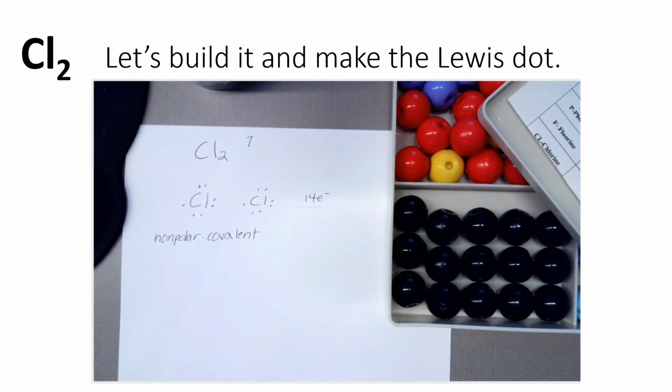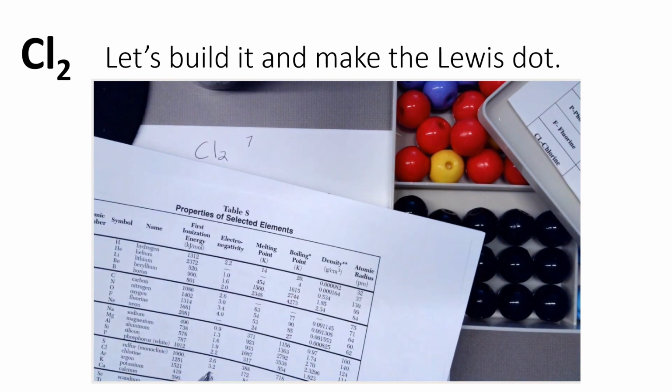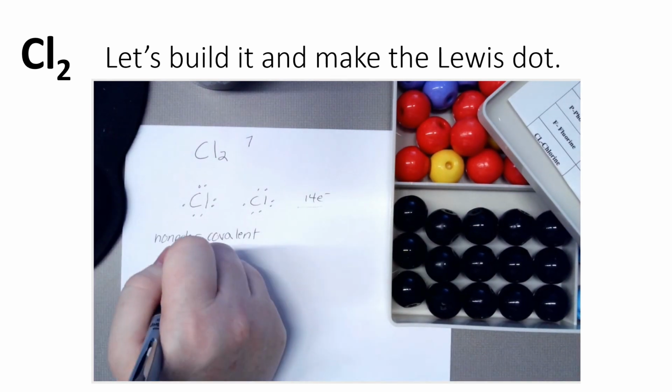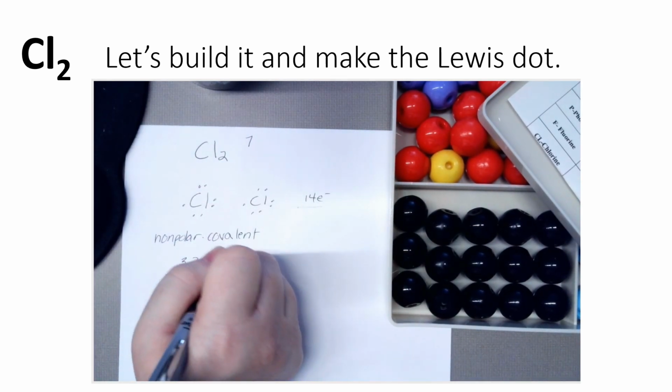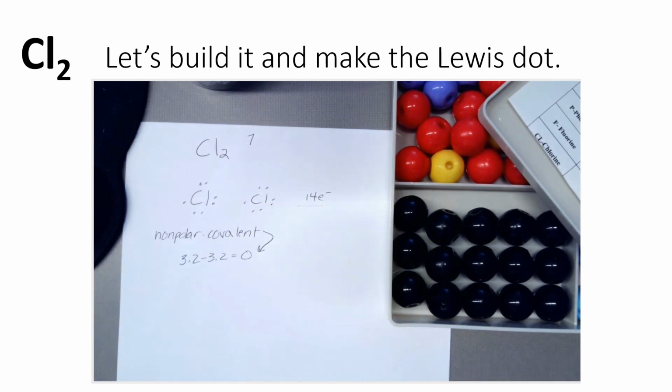How could I do it math-wise to find that out? Well, I would go to Table S and look up chlorine, which has an electronegativity of 3.2. So I would do 3.2 minus 3.2 equals 0. And that is, again, nonpolar covalent.